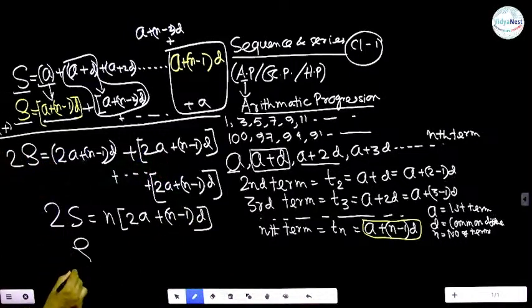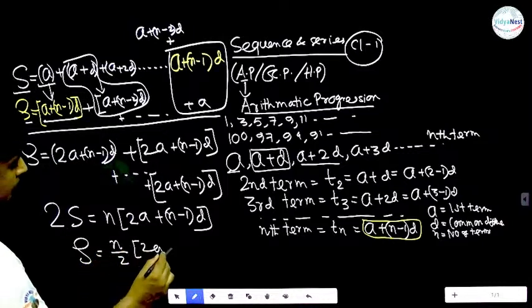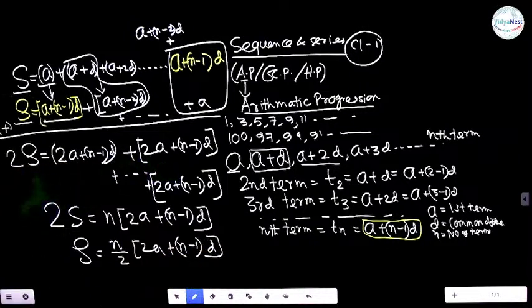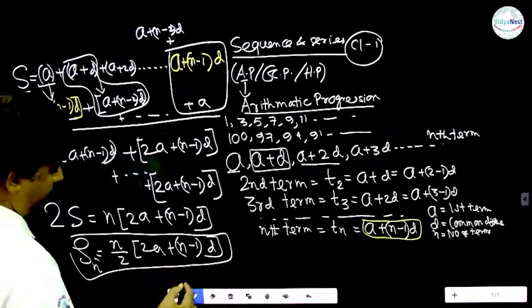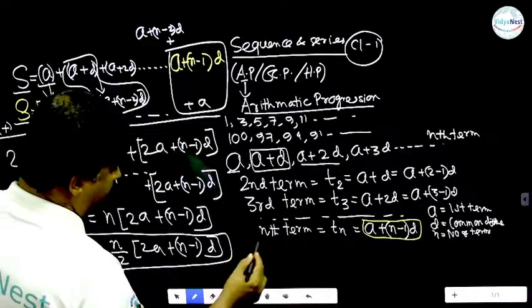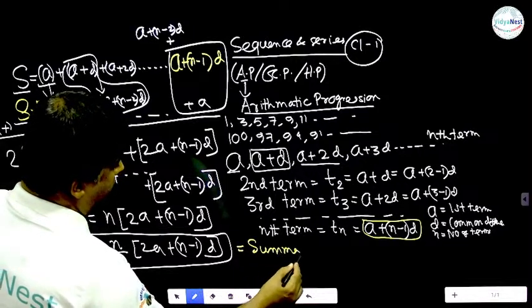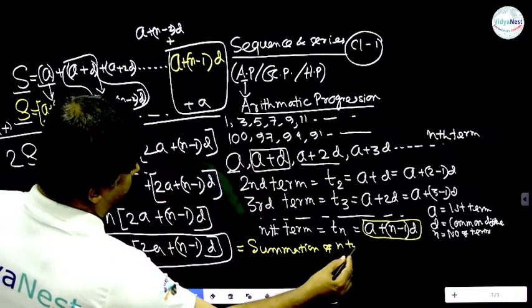So S will be n by 2 into 2A plus n minus 1 into D. Now, this is the summation up to n terms, so you can append a suffix: Sn, the summation of n terms.